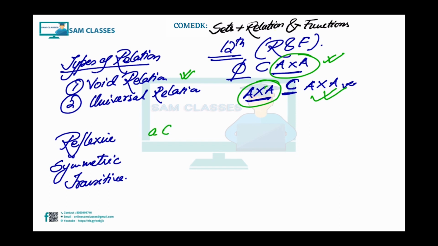So, if A belongs to set A, and (A, A) is related to R, it's related to the relation, then we say that it is reflexive. Now this wording, (A, A) related to R, sounds too cringe, like we're not able to understand what they're trying to say.